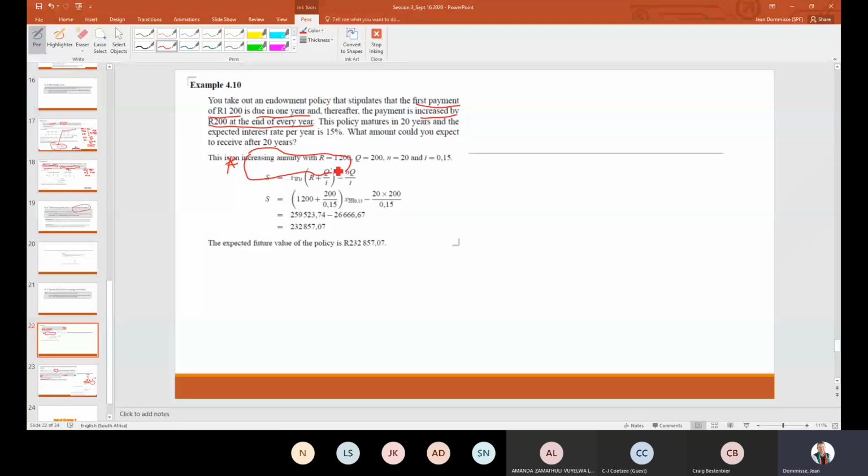What is important here is that with this increasing annuity, this is how the formula looks for the increasing annuity. So basically, that is your 1,200.